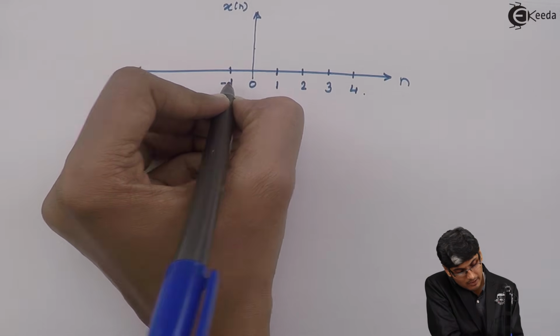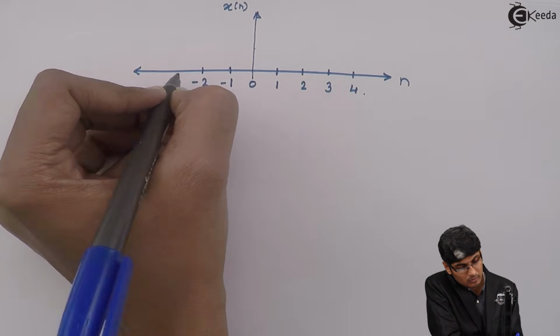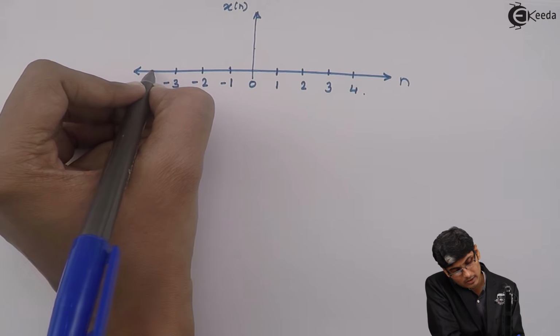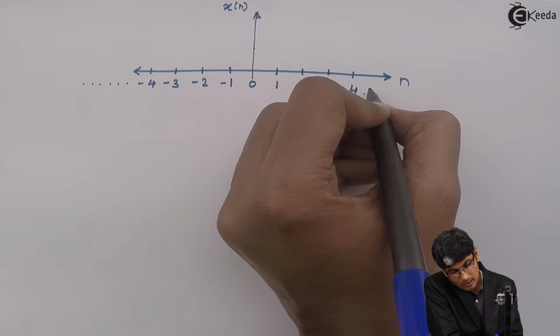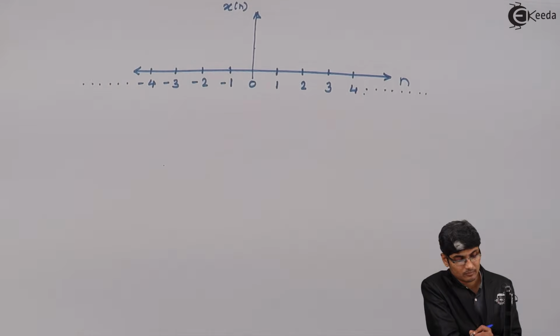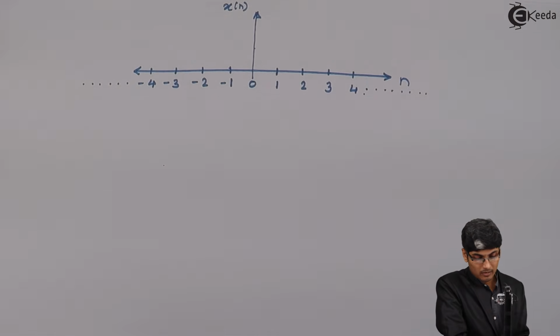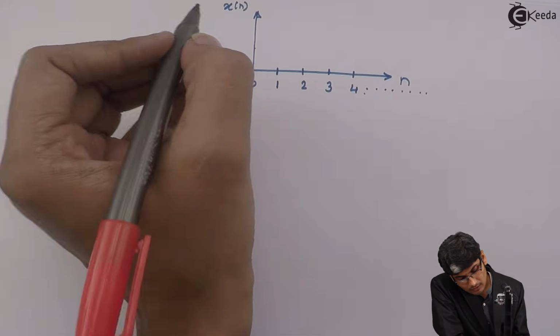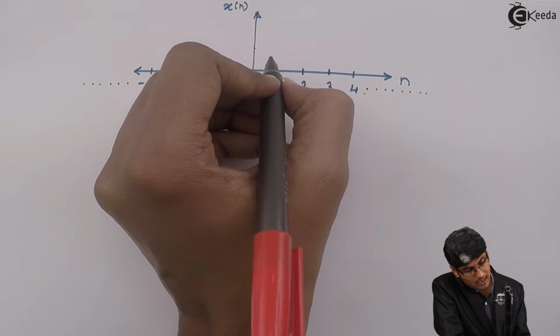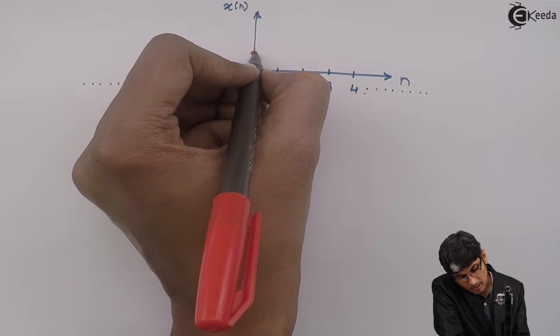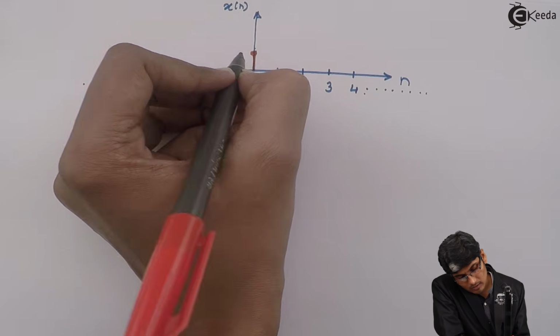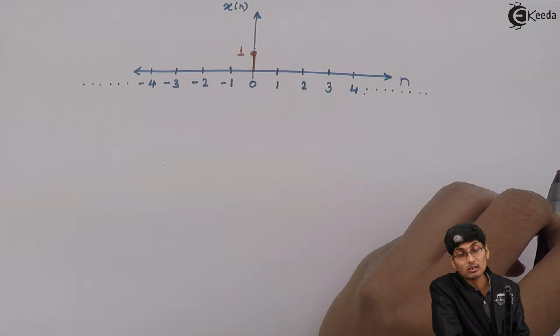Similarly, I will have n is equal to minus 1, minus 2, minus 3, and minus 4, and so on till infinity on both sides. Now how will the signal look? For n is equal to 0, the value is given as 1. So I have the amplitude value as 1 for n is equal to 0.